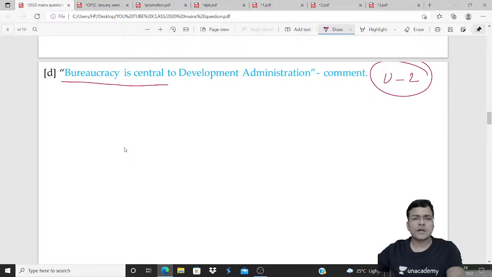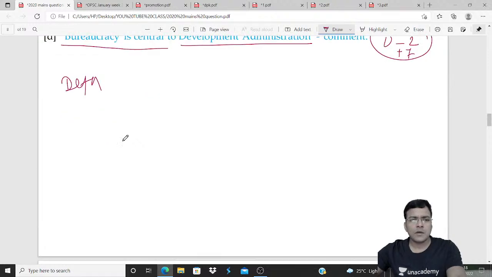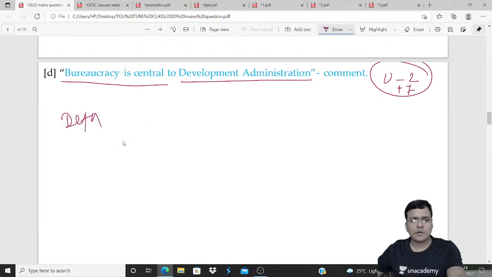Bureaucracy is central to development administration, plus unit 7. Here you need to write the definition of development administration and the role of bureaucracy.